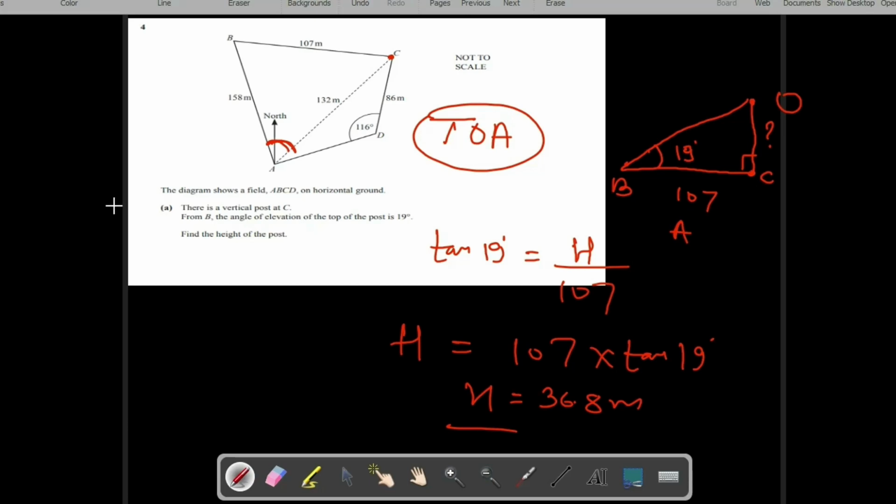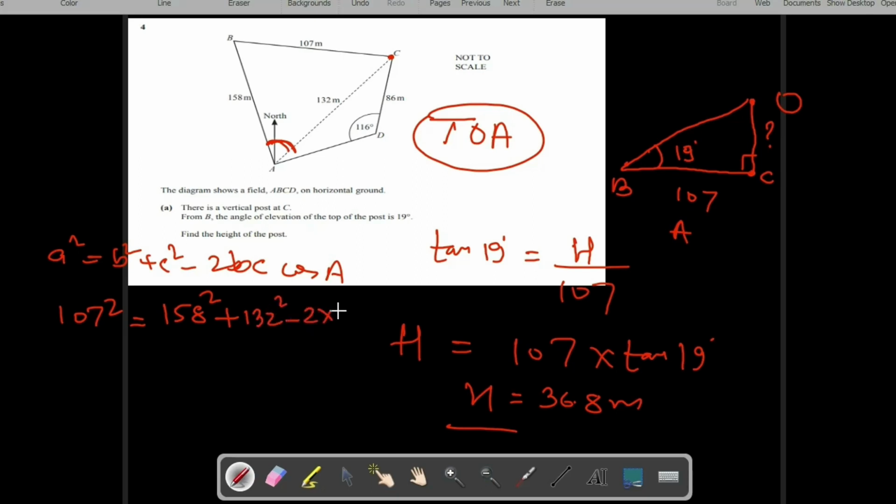Simple rule: the formula is a square is equal to b square plus c square minus 2bc cos A. Cos A we have to identify. 107 square is equal to 158 square plus 132 square minus 2 into 158 into 132 cos A.